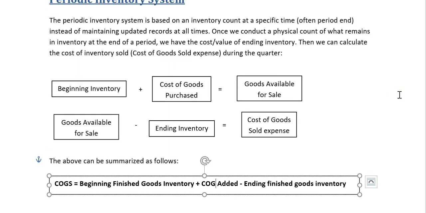Moving on to a new topic here called periodic inventory system. This system is based on an inventory count at a specific point in time, and it's often period end. And this is an alternative to maintaining updated records at all times.